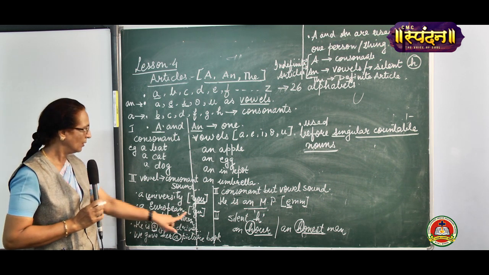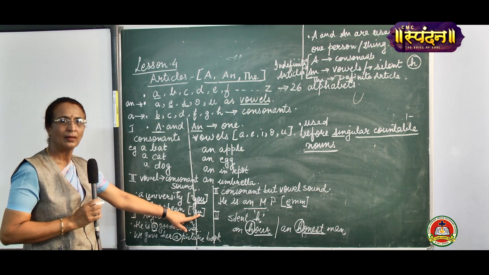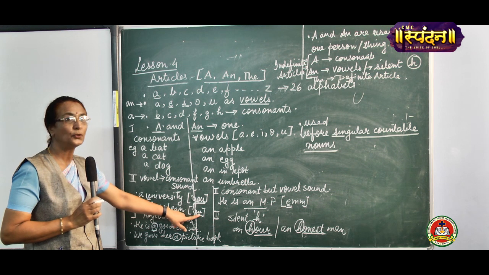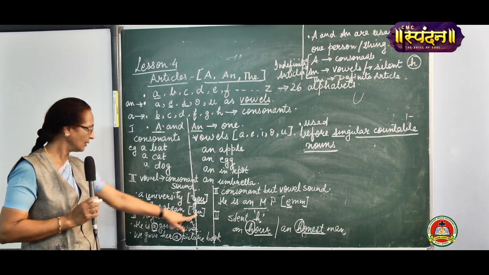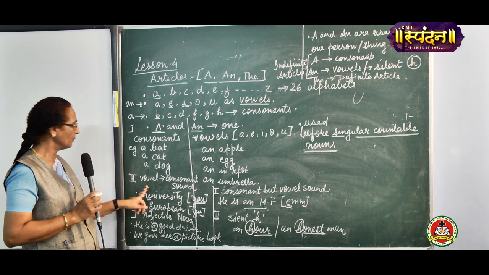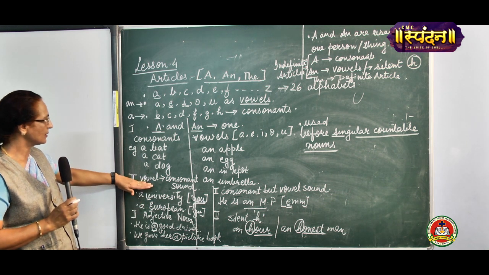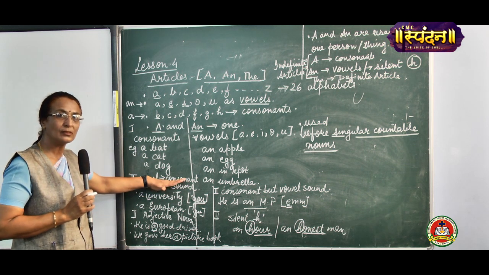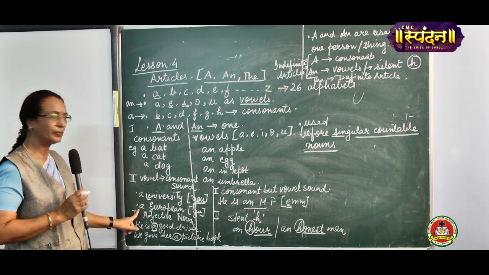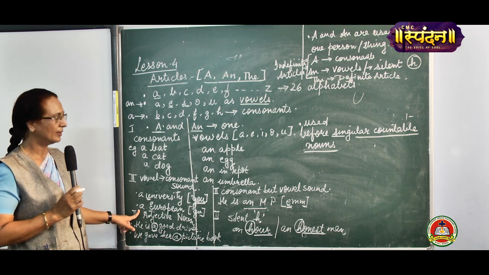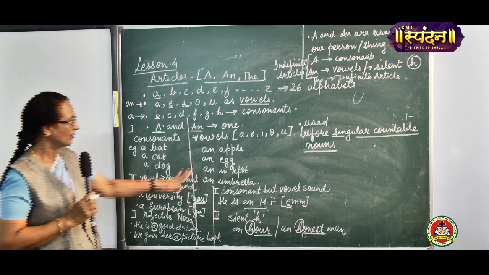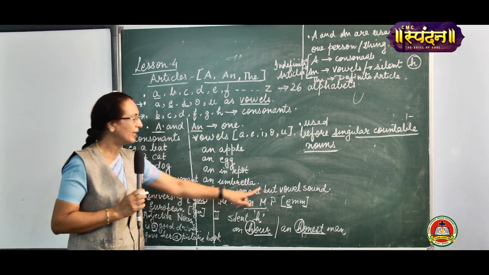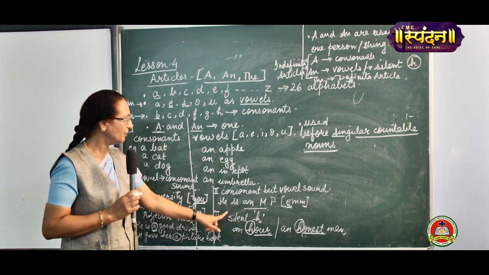You are not saying European, you are saying European. Is that clear? So, before the word starting with the vowels, but has a consonant sound, again you will be putting a before that. In the same way, the words beginning with consonants, but having vowel sound, you will be putting an.